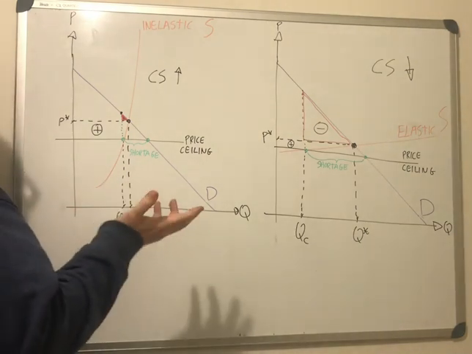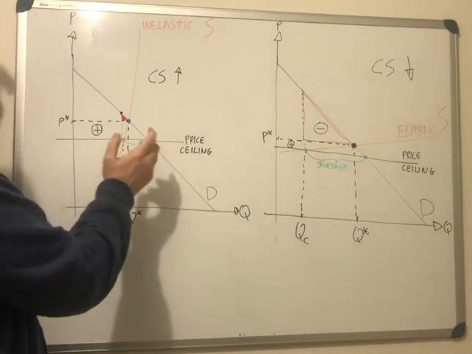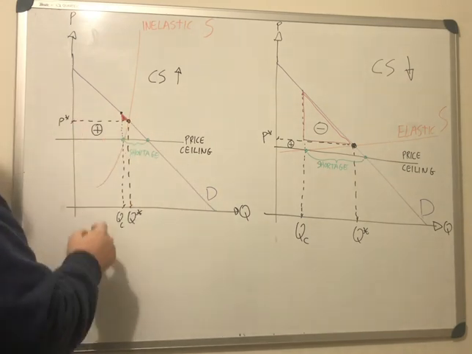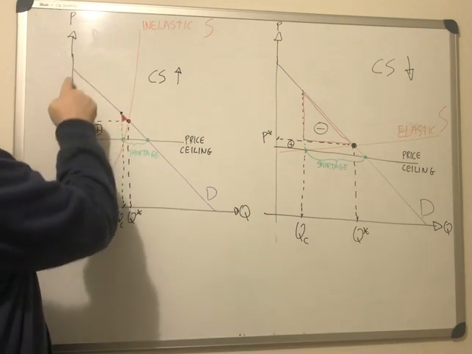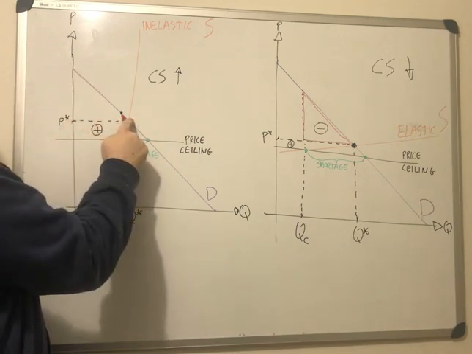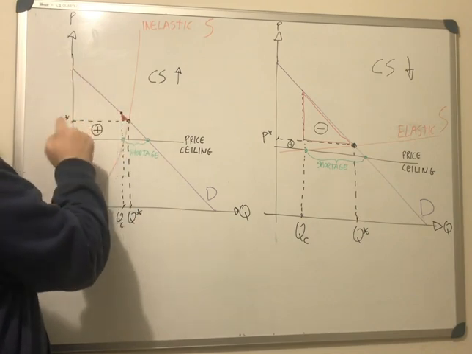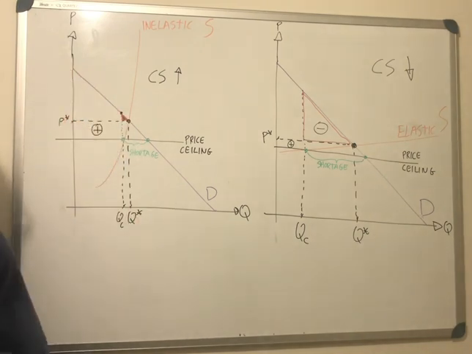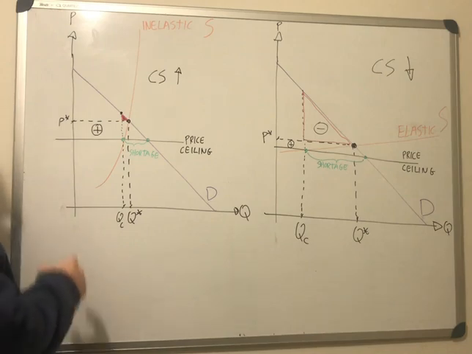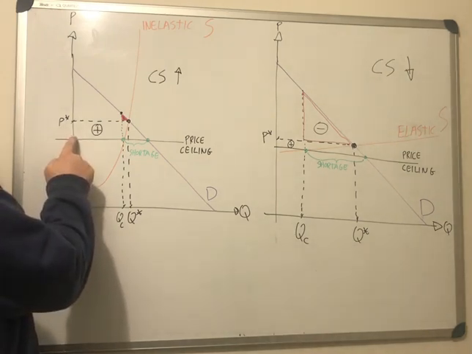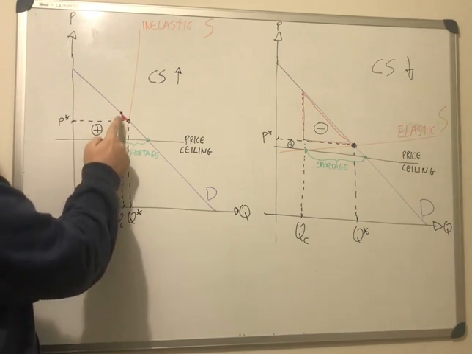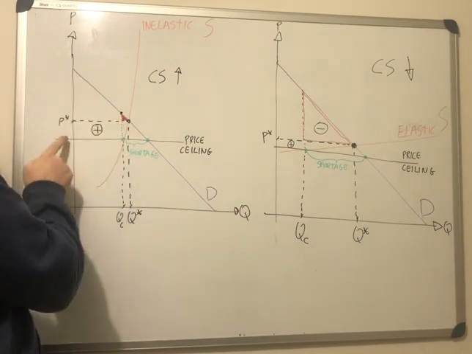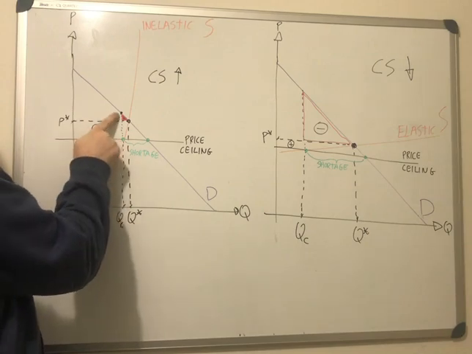And before the introduction of the price ceiling, the consumer surplus would be this area of this triangle here, okay? After the introduction, now the consumers can buy by this price, right? But they have less quantity, so it's going to be the area from here to here to here to here, okay?